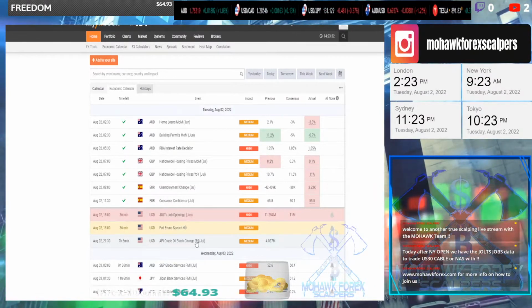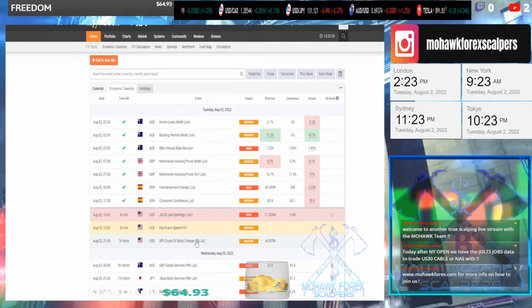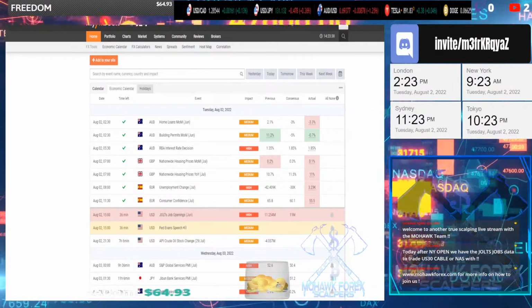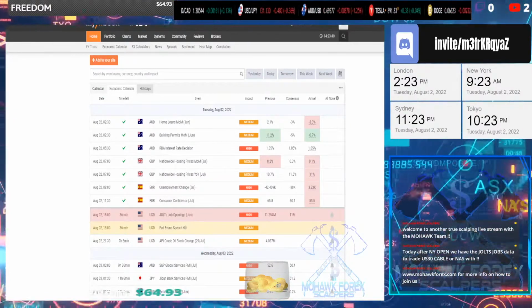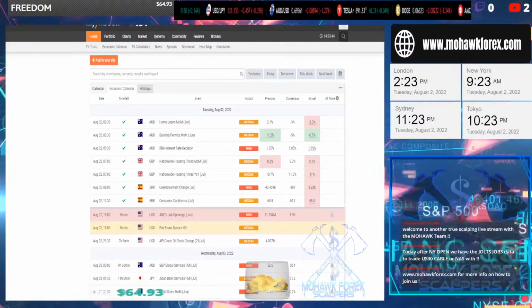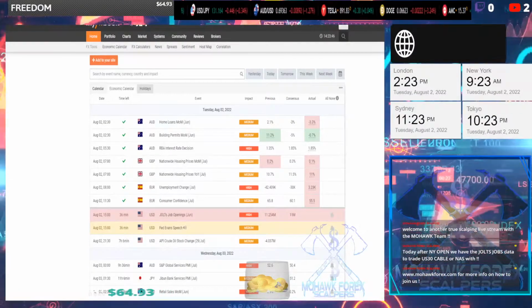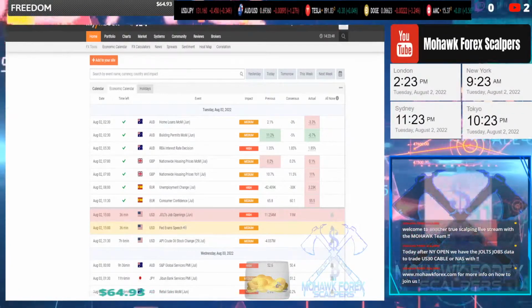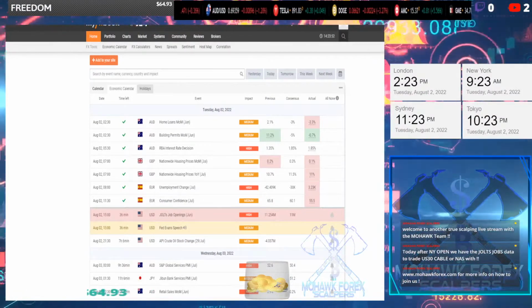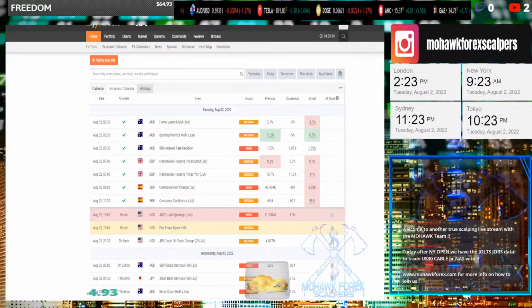So we're all loaded up. IC Markets is my choice of broker for scalping. It's 1 to 500 leverage I'm using. With a small account I use small lot sizes.